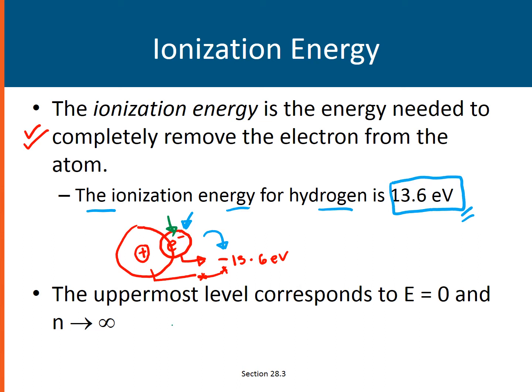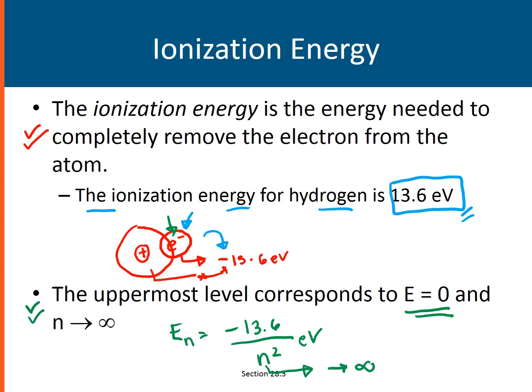Alright, so with the equation E sub n is equal to negative 13.6 divided by n squared, and this is in electron volts, this tells us that the uppermost level would correspond to E equals 0, and that is because n here would approach infinity.